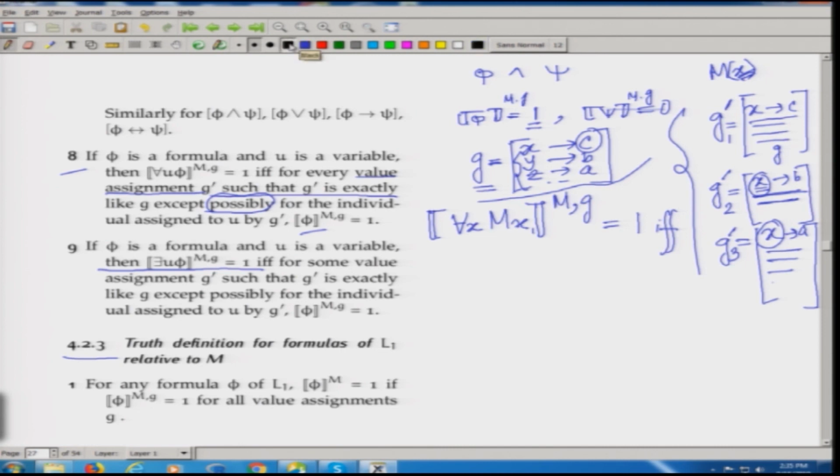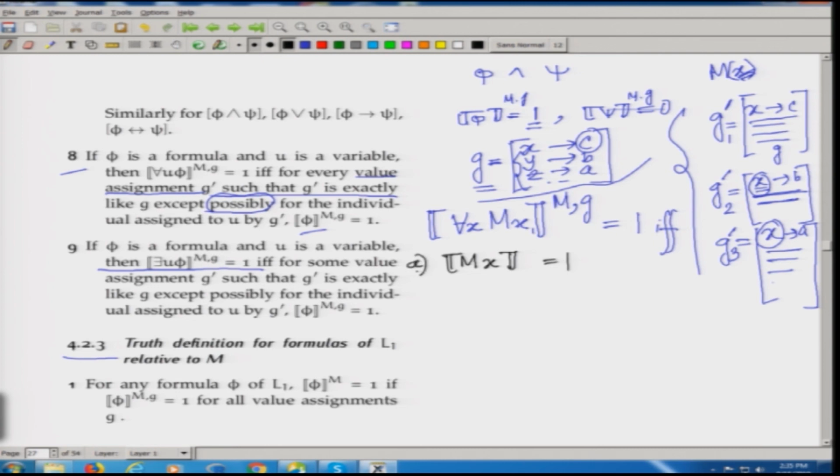It states that in this case, this is 1 if and only if phi, with what is our phi? Phi is nothing but mx. If and only if mx is 1 with respect to all g primes.